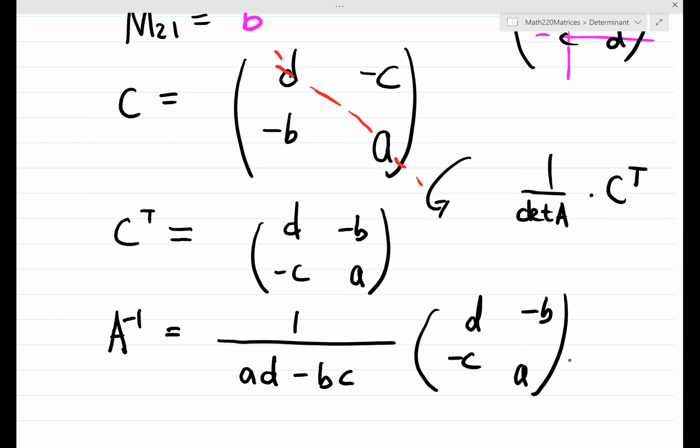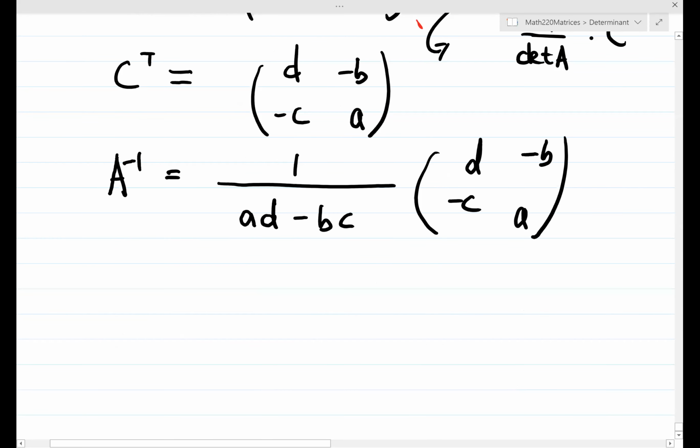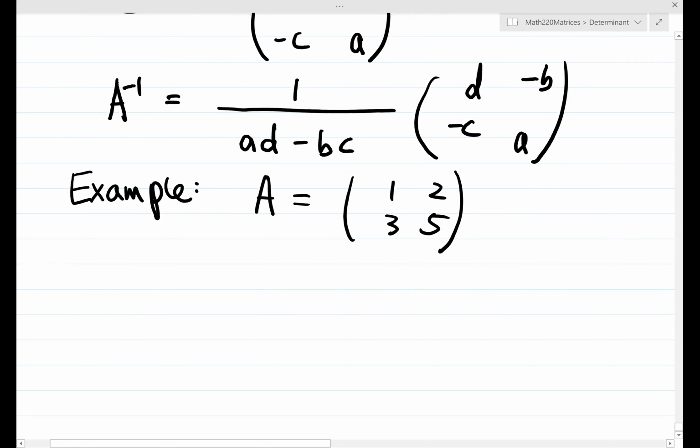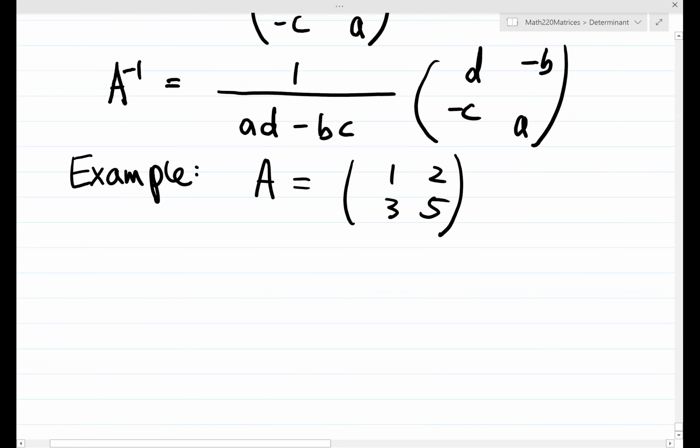Okay, let's see one example. Let A be this matrix, 1, 2, 3, 5. We use Gauss-Jordan elimination to find A inverse and compare with Cramer's rule.